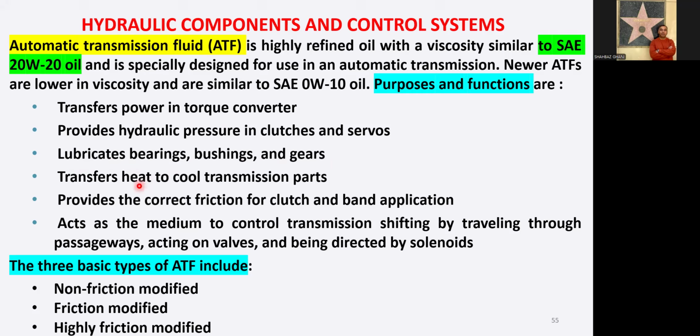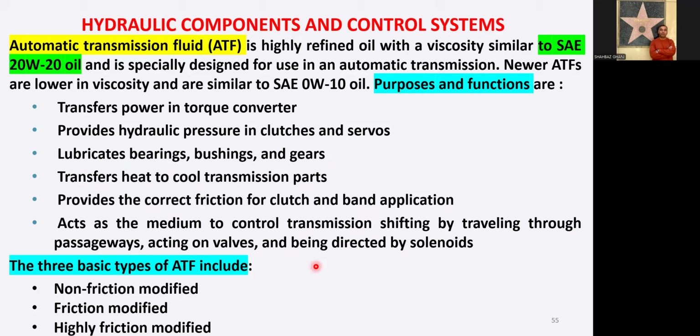And the secondary property of the oil is that it has to transfer heat to cool transmission parts. Then it has to provide the correct friction for clutch and band applications. It acts as a medium to control transmission shifting by traveling through passageways, acting on valves, and being directed by the solenoid switches which are used in the automatic transmission system.